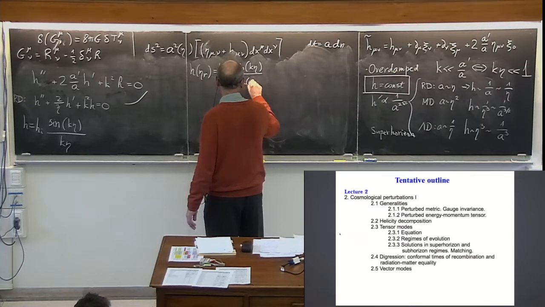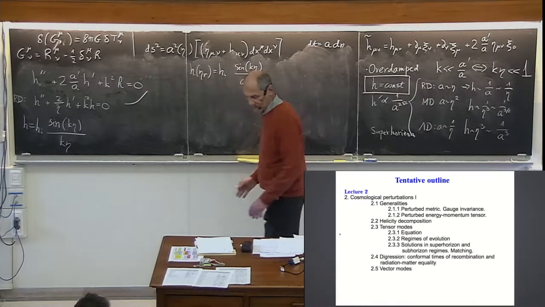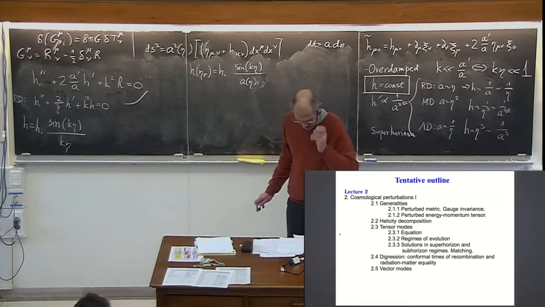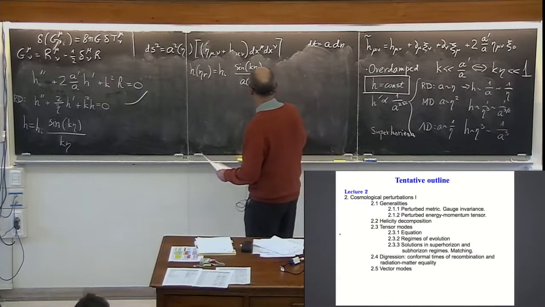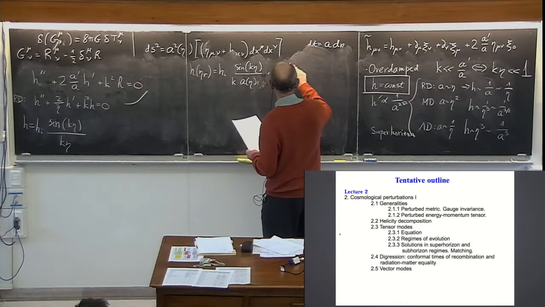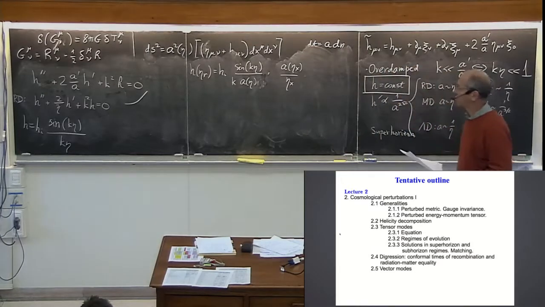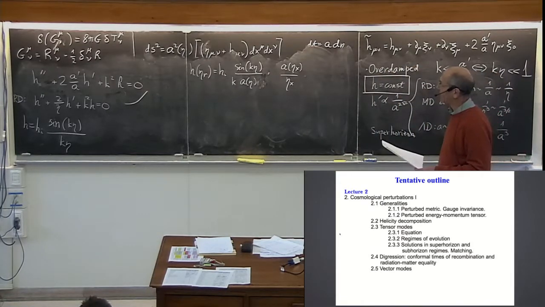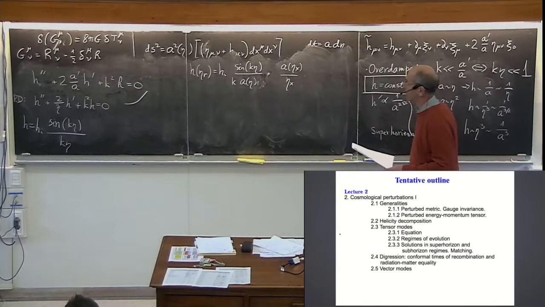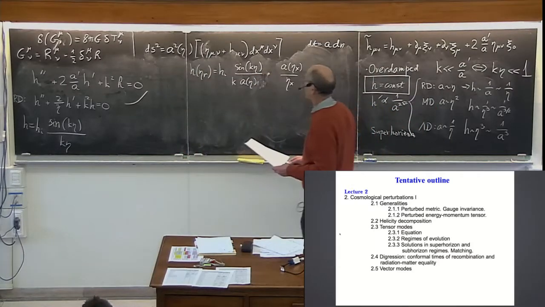Let me write it like this: here is A of eta crossing divided by eta crossing, times k. This expression is valid for the modes which cross the horizon at radiation domination, relatively short wavelength. Okay, I rewrote it. This is trivial at radiation domination, right?